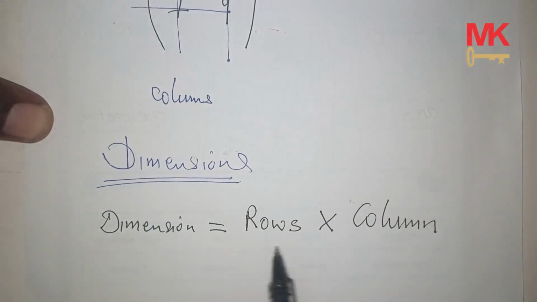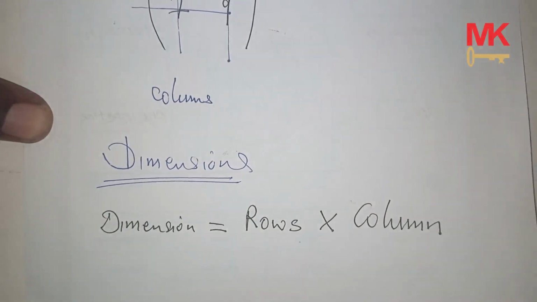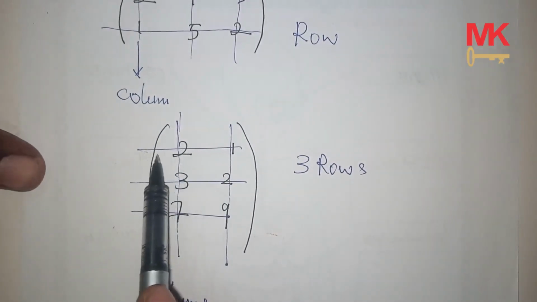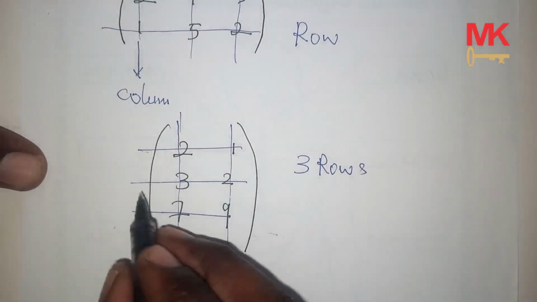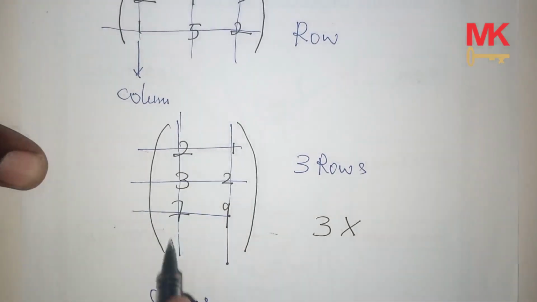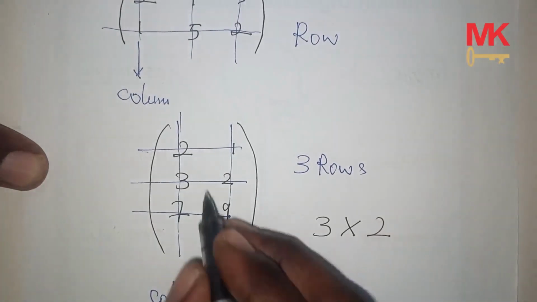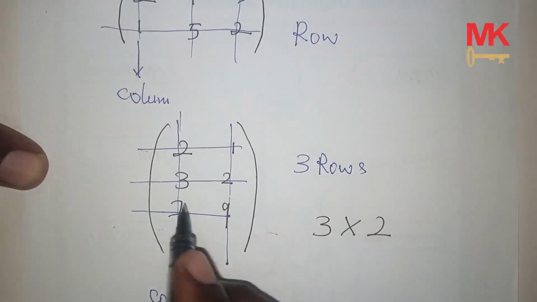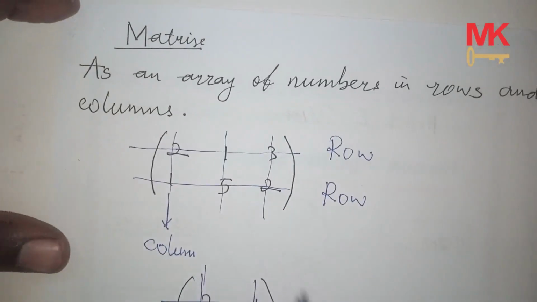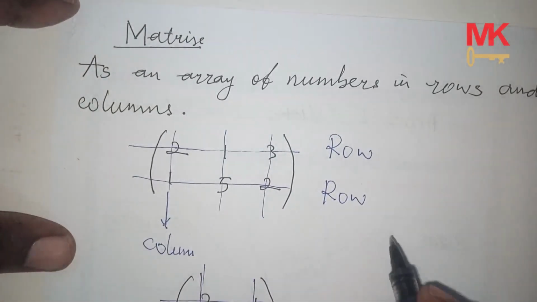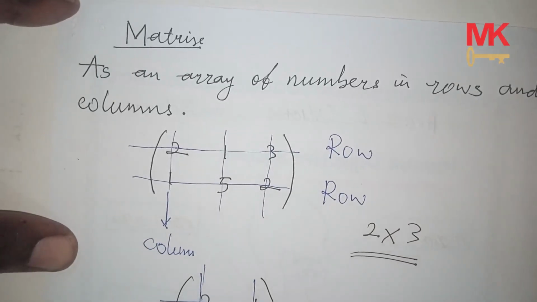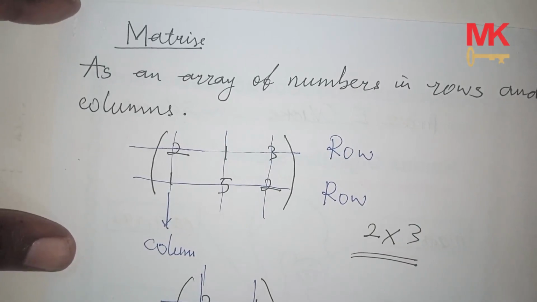Looking at this example, there are how many rows here? 1, 2, 3. So the dimension of this matrix is 3 by 2 because there are 2 columns. So this is a 3 by 2 matrix, and the one above here is a 2 by 3 matrix.